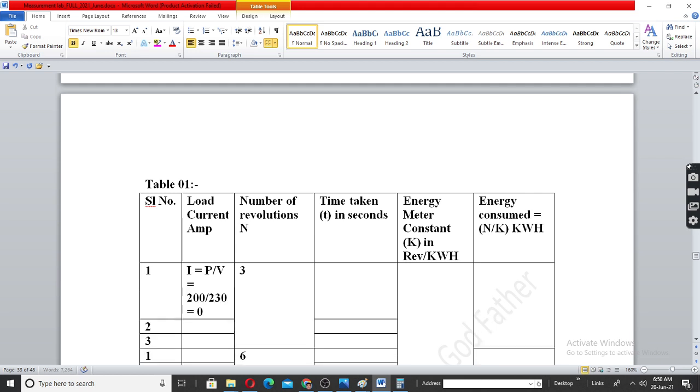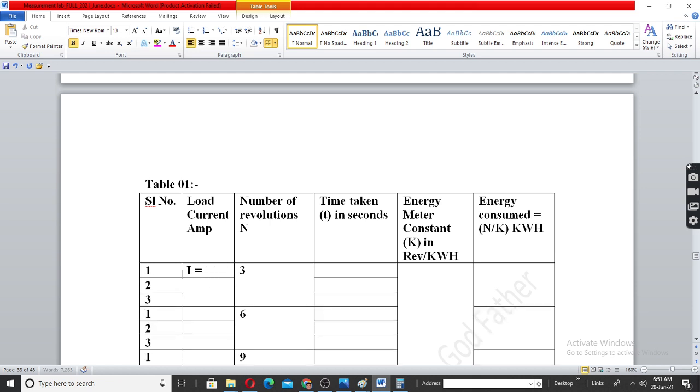I am writing just simply. With 3 lamps, the first reading will be 0.8 into 3, which is around 2.4. So assume that you get 2.4 amperes here.